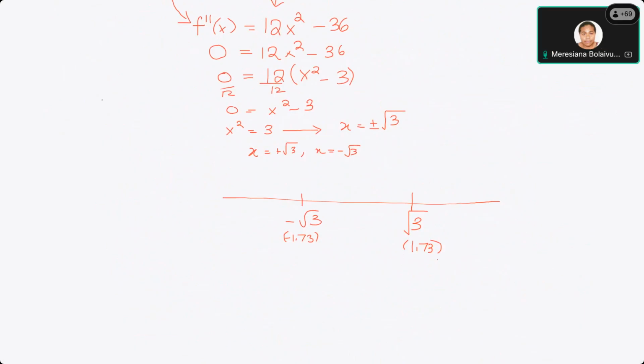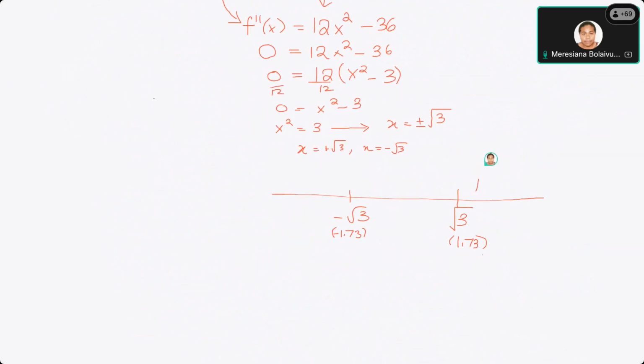You substitute into f double dash. This one here would be plus. Both these two are plus.